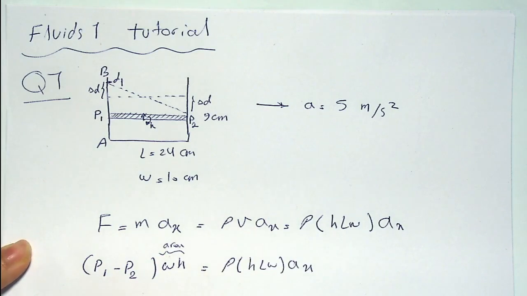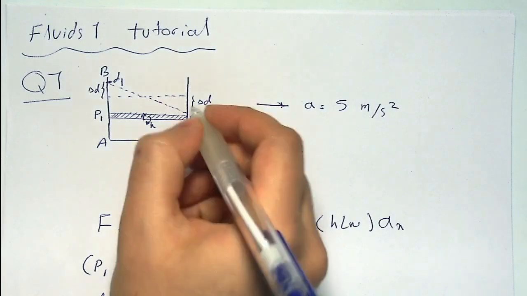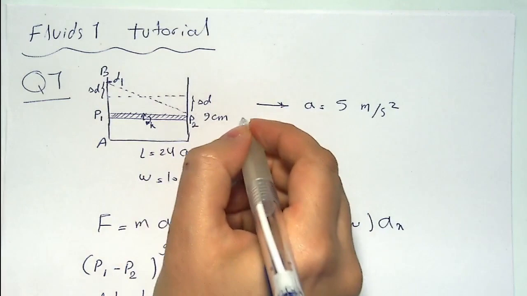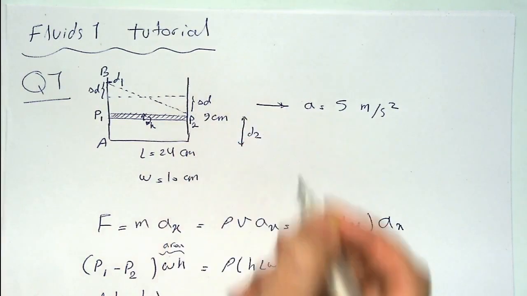And this P is the hydrostatic pressure, which is equal to rho G D1. P1 is equal to rho G D1 and P2 is equal to rho G D2. And here is D2.